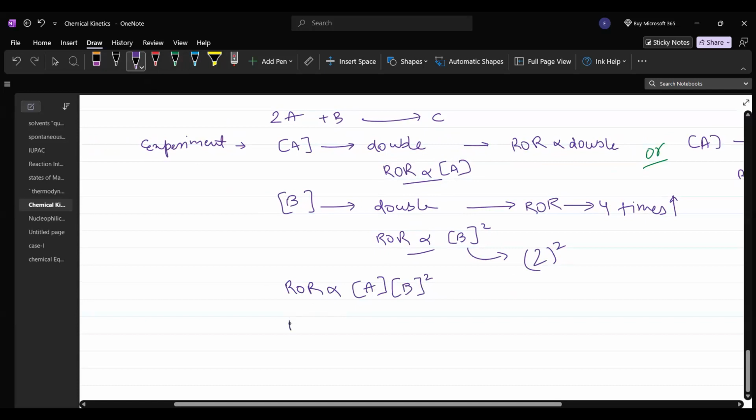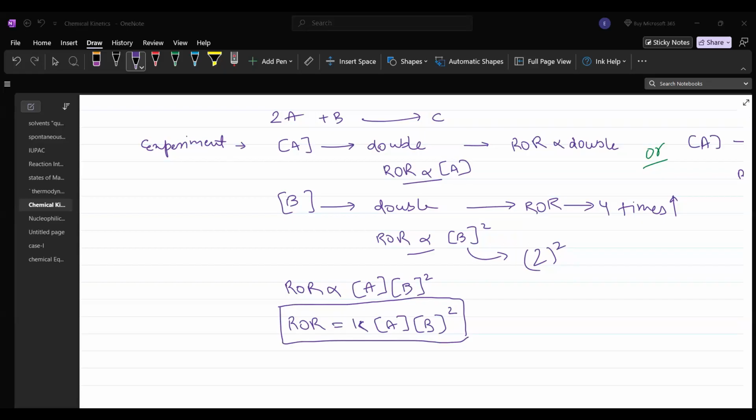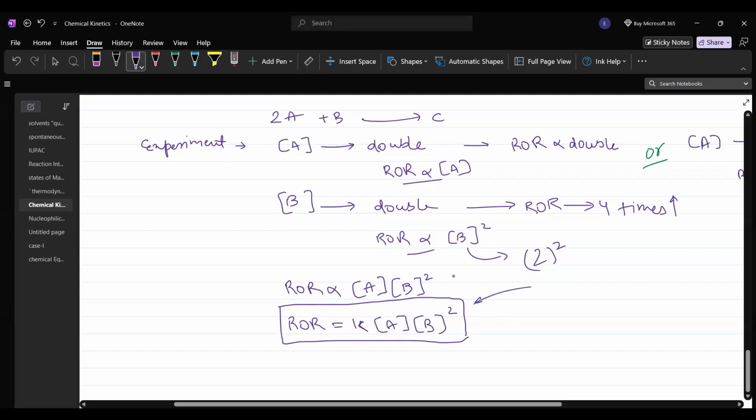Okay, so we will replace it with K. Rate = K [A][B]^2. This will be the rate of reaction of the above reaction, and this expression is known as rate law expression.